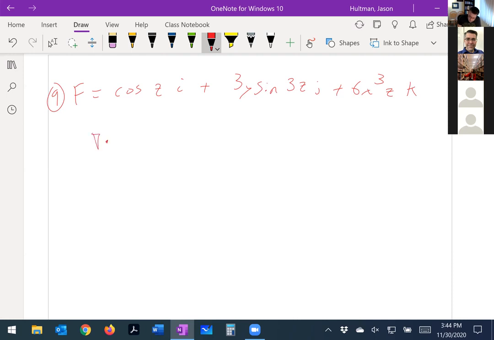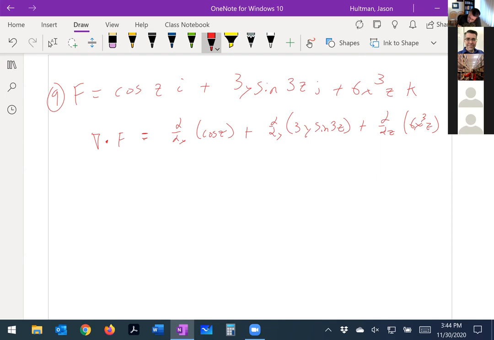The divergence is the gradient dotted with F. So we want d/dx of cos z, plus d/dy of 3y sin 3z, plus d/dz of 6x cubed z.